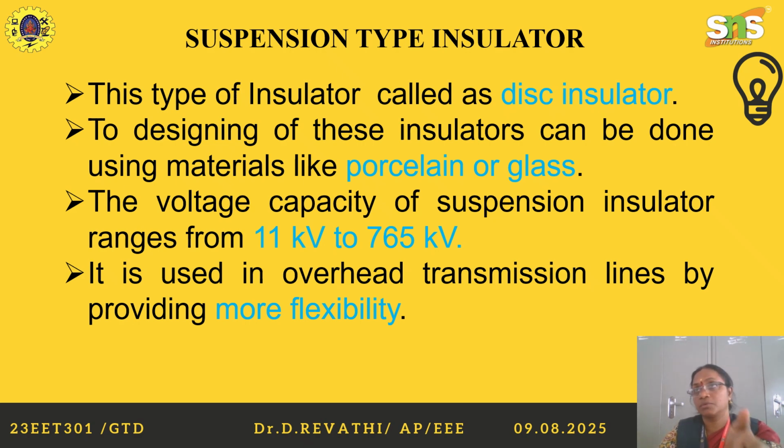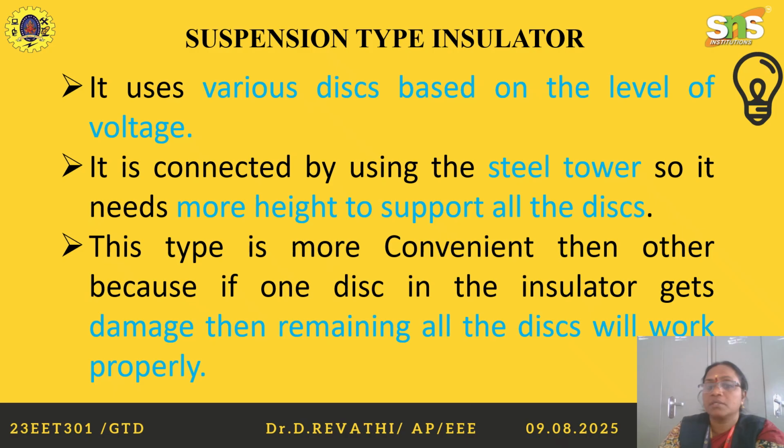I already shared the information on voltage. The voltage capacity of the suspension type is 11 kV to 765 kV, and it is more flexible than other types of insulators in the transmission line. Various types of discs are used based on the voltage level, for 11 kV, 33 kV, 66 kV and more than 76 kV.